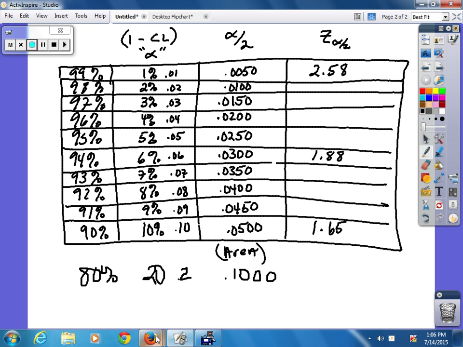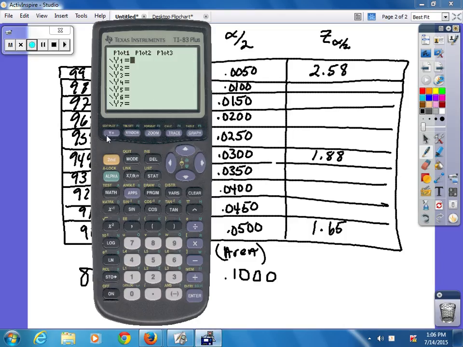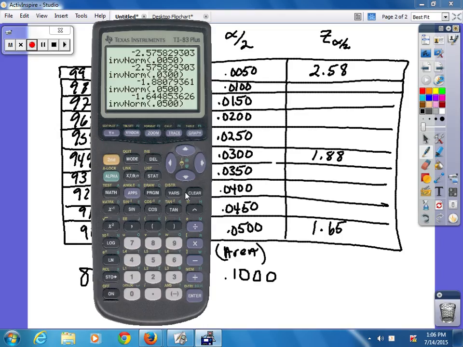And then an 80% confidence level, second function, enter. Hold on a minute. 0.1000 is negative 1.28 or 1.28. So 1.28 would be, is that right?